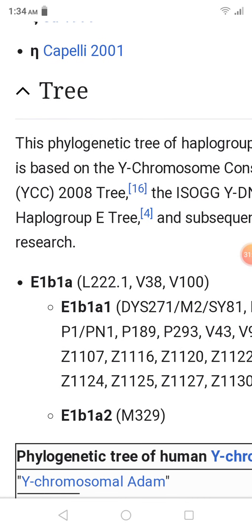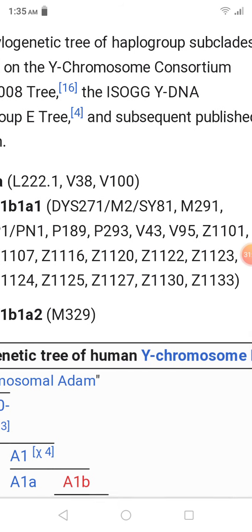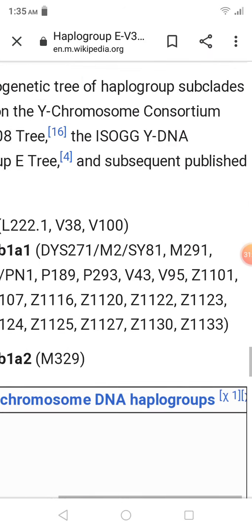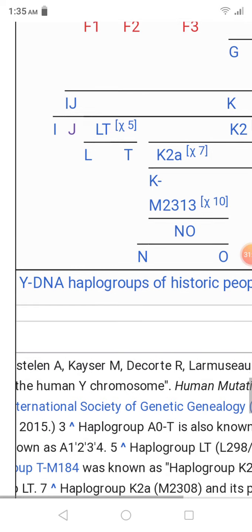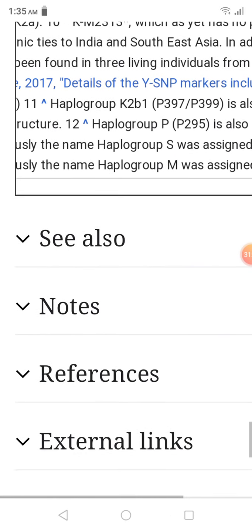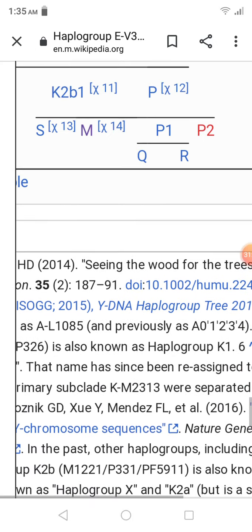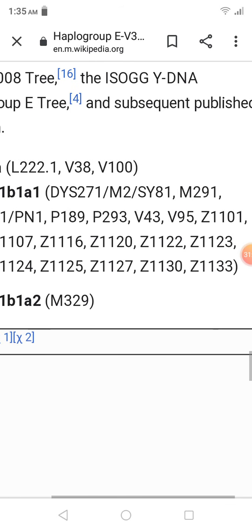Okay, so here we go. So all these right here are. Let's see. No, this is not the one. Well, there's another Wikipedia page that shows you a bigger tree.